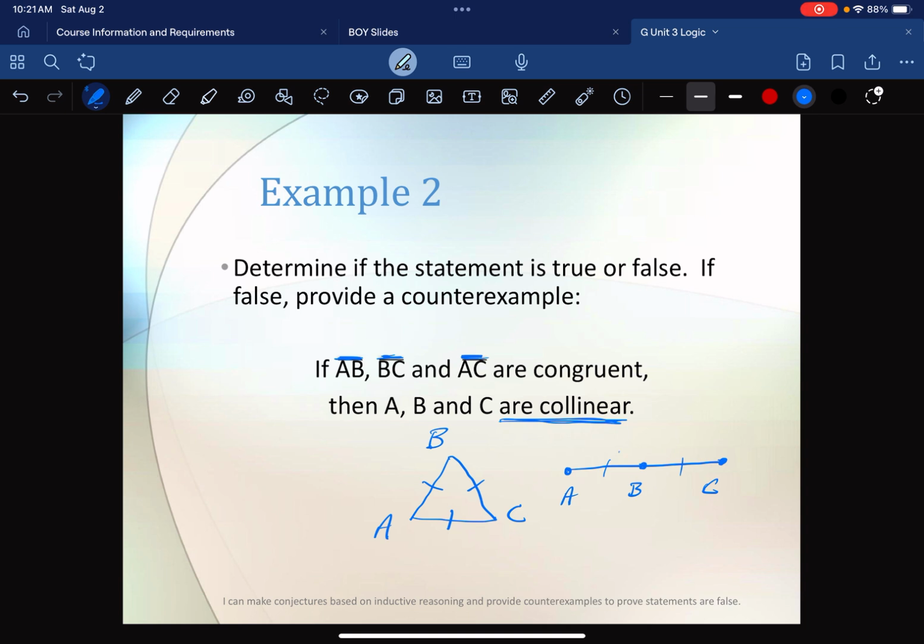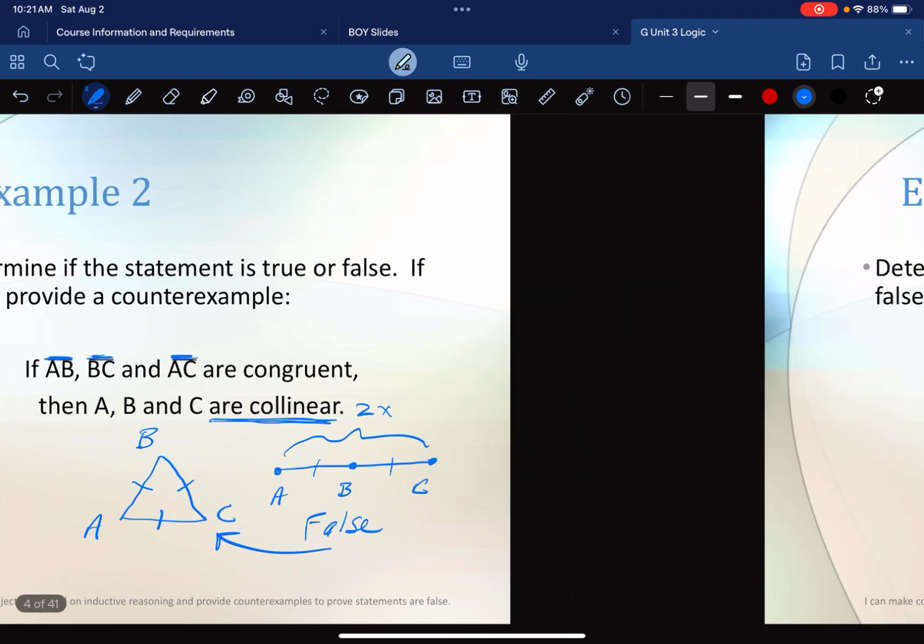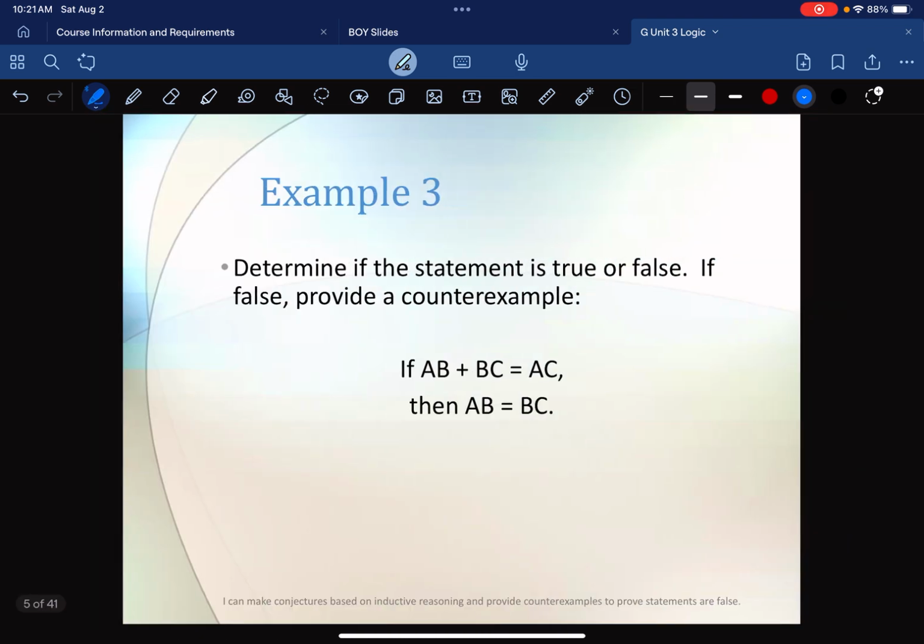Well, those are congruent, but AC is clearly 2 times as long as AB and BC. And so this is clearly a false conjecture. And that's the counterexample. So I want to show a picture where they are not collinear. This other picture, I was trying to show you where they might be congruent and collinear, but you just can't draw that picture. So that was really, really false.